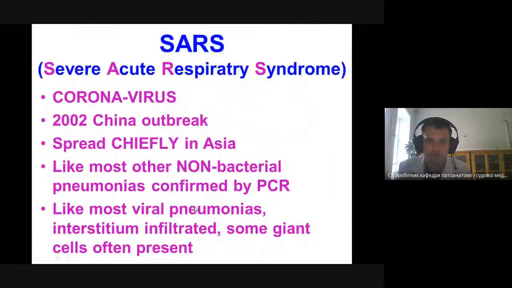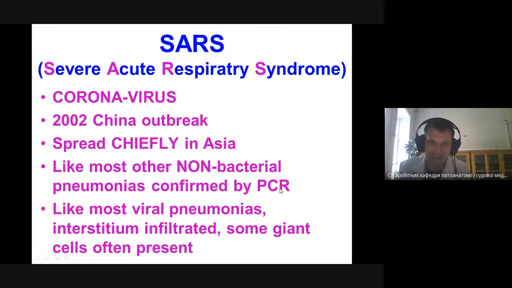Influenza virus, we'll talk about that in infections. SARS was an ancestor of SARS-2, COVID-19. So that was the coronavirus. The first outbreak was in China, spread chiefly in Asia. Like most other non-bacterial pneumonias, it is confirmed by PCR.